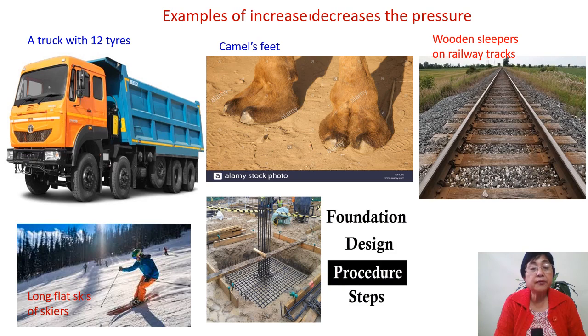So when the area of contact is more, you are giving less pressure to the snow. This reduces the risk of causing avalanches whenever you do skiing on the snow. More area of contact, less pressure.